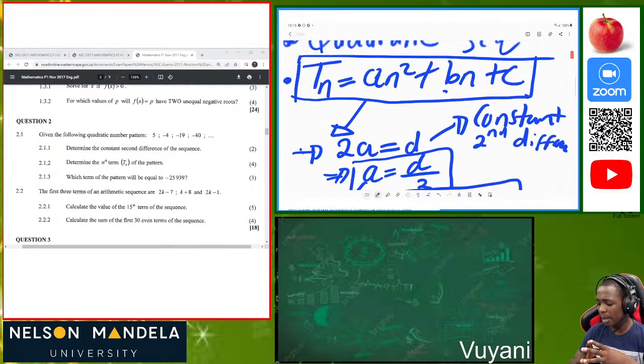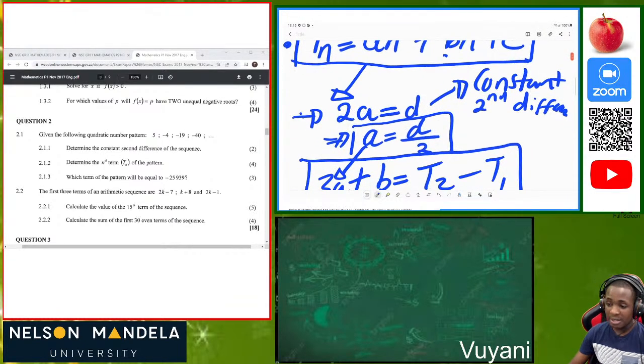What is important is to be able to determine the general formula, the nth term, which is Tn is equal to an squared plus bn plus c. Then you find your value of a by saying 2a is equal to d. Then you make a the subject of the formula by dividing both sides by 2, ending up with a equivalent to the second constant difference divided by 2.